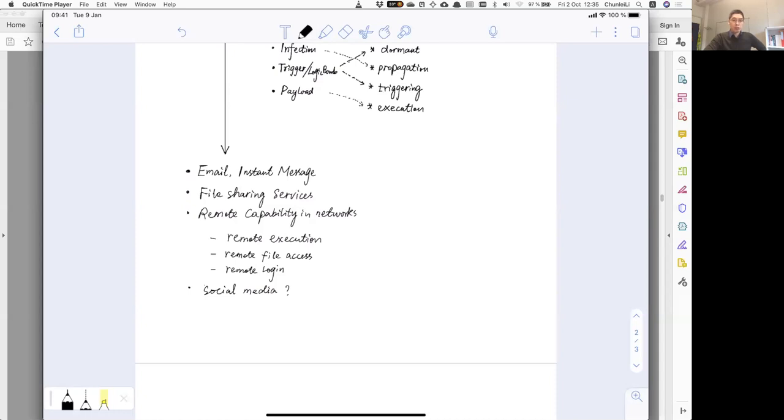In the last lecture, we mentioned the infamous Melissa. It's hidden in a Word document, and when it is activated, it sends itself to the first 50 email addresses in the victim's address book.